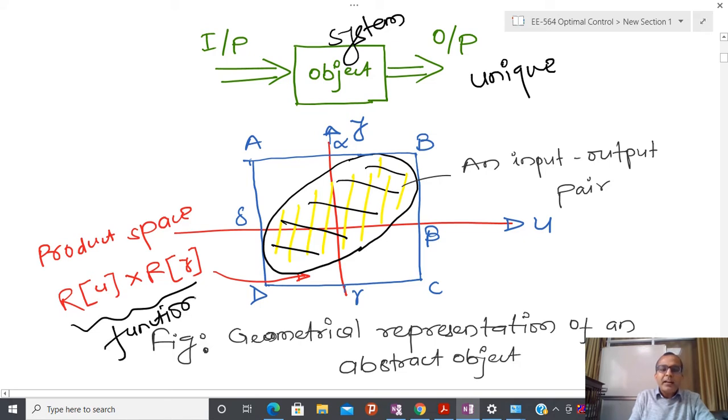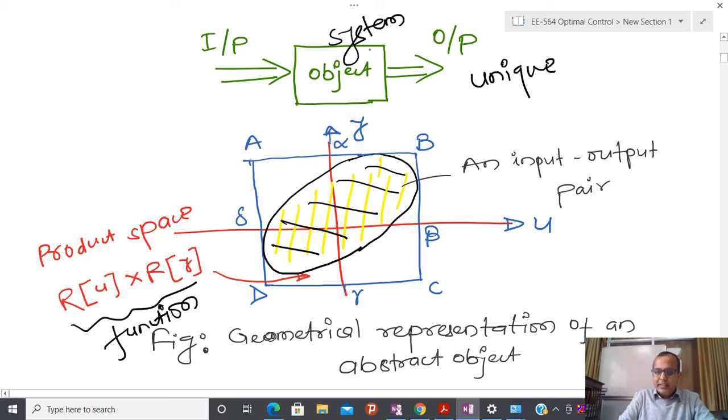So whenever we are talking about an engineering system, that represents some kind of function, and it means that whatever input and output, that is going to lie only in this product space, and whatever value, that is called the input output pair. Now let us try to understand one more thing, that is called the state.